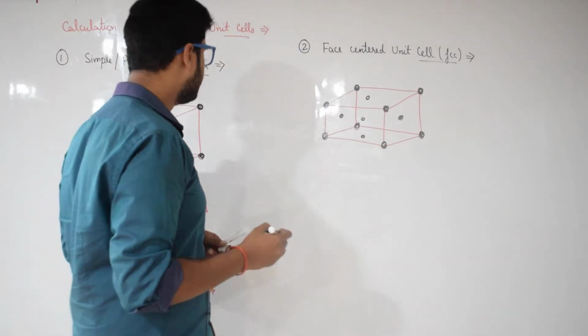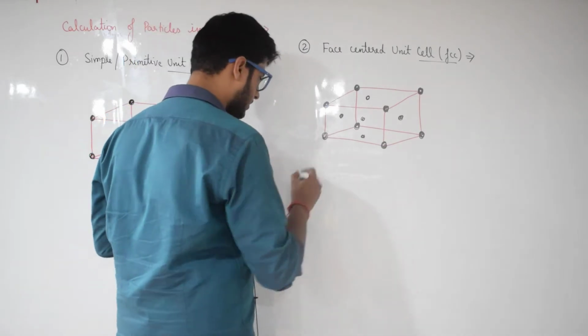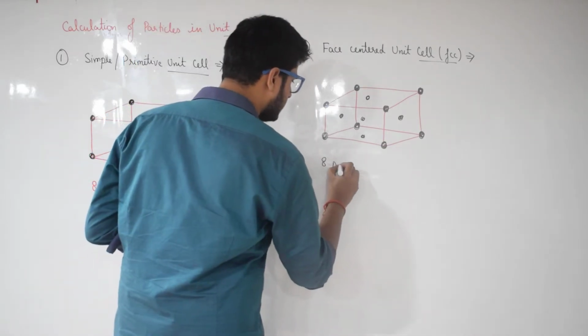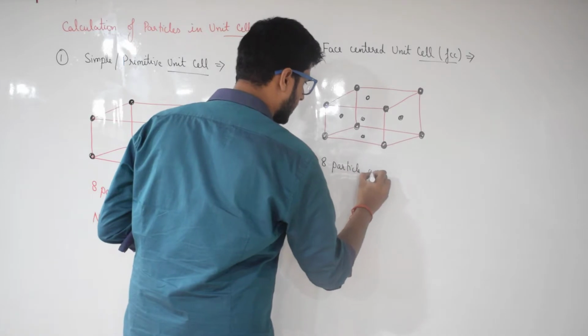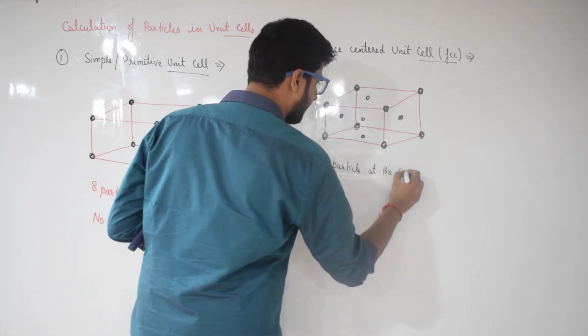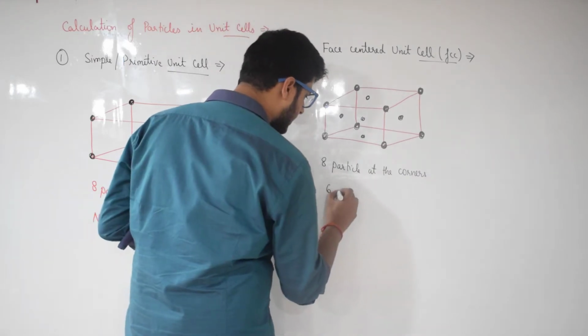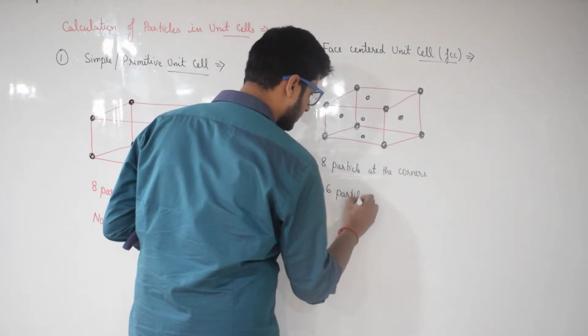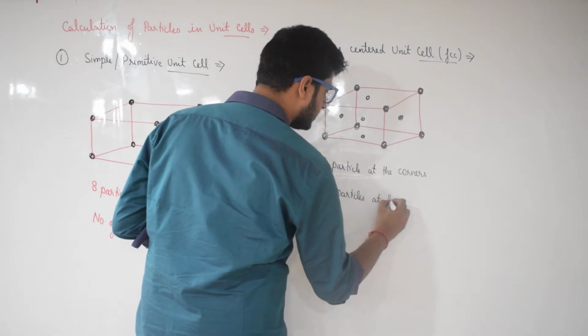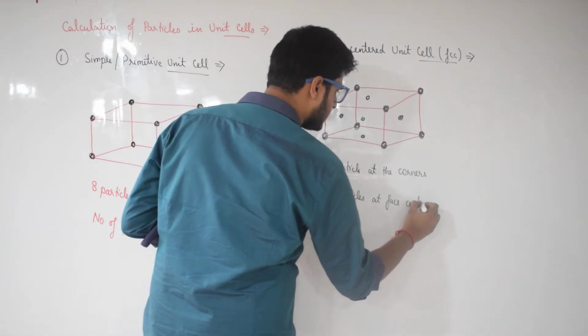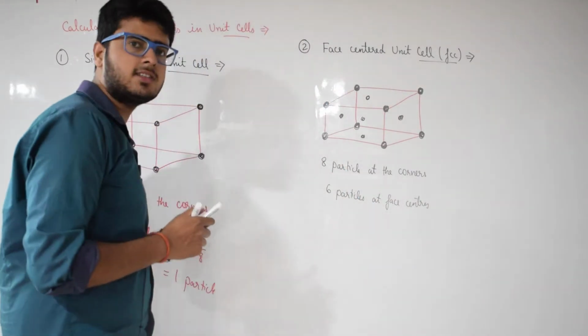So, in case of face centered unit cell, we have 8 particles at the corners and we have 6 particles at face centers.